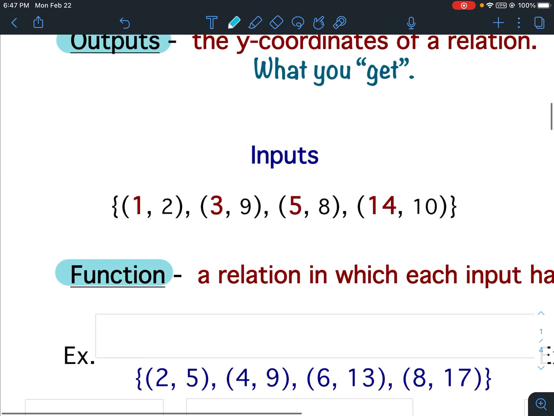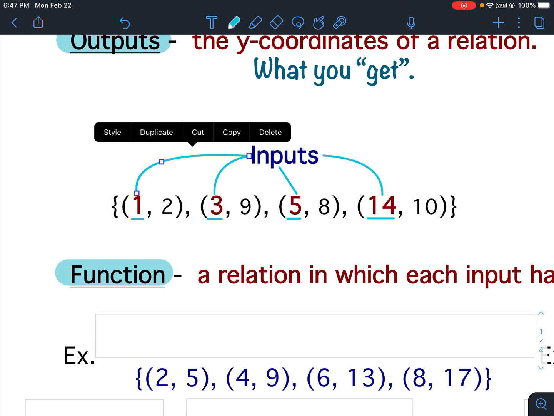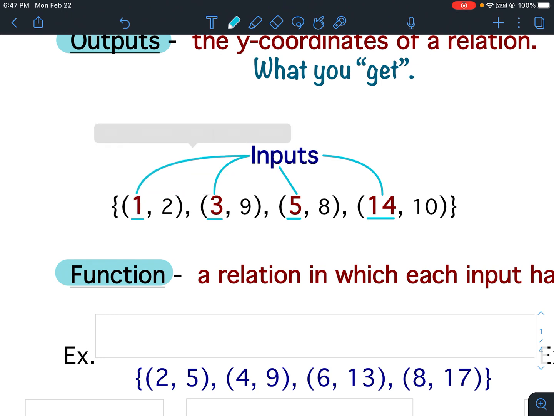Now I know on your paper, 1, 3, 5, and 14 are bold and bigger than the other numbers, but I would like you to underline them, and then I'd like you to draw lines like this. So those are your inputs.